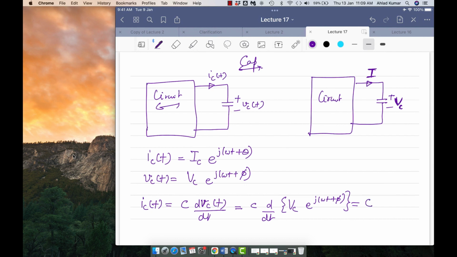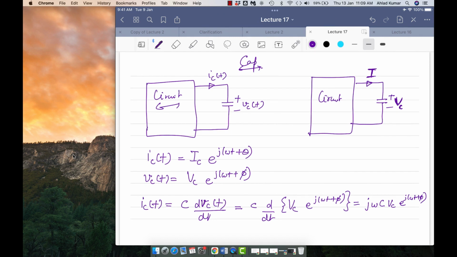It will be j omega multiplied. It will not be phi, only j omega will be multiplied. So it will be this, right? No problems here, right?